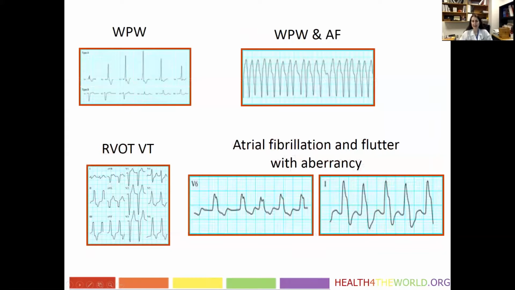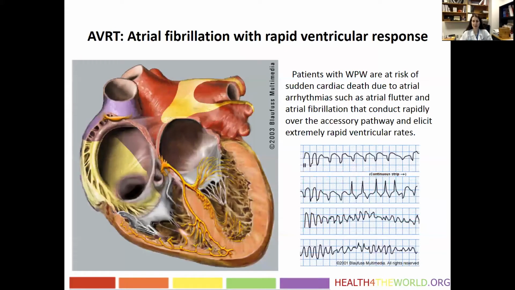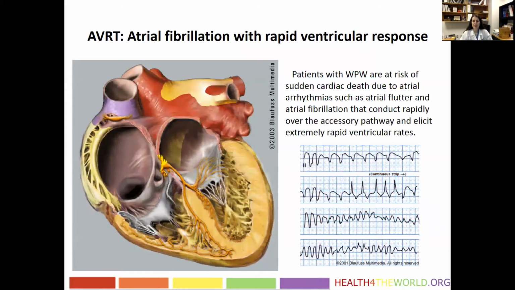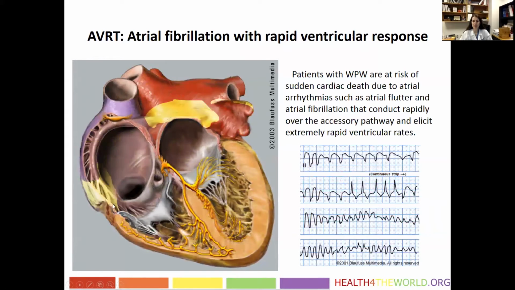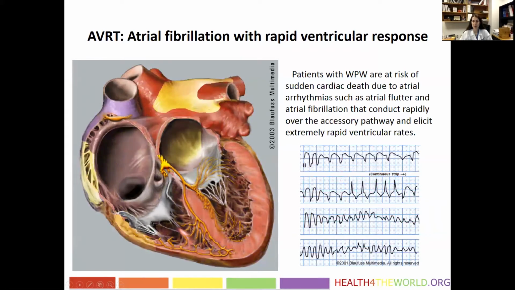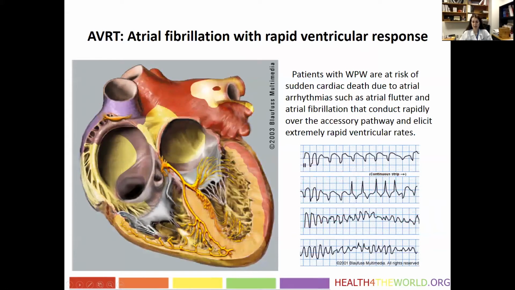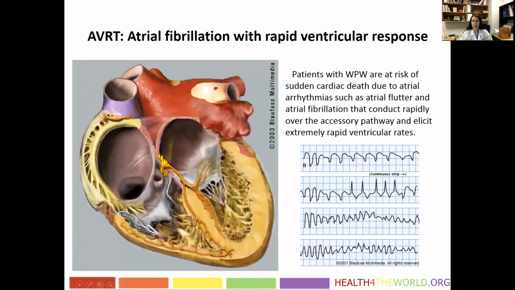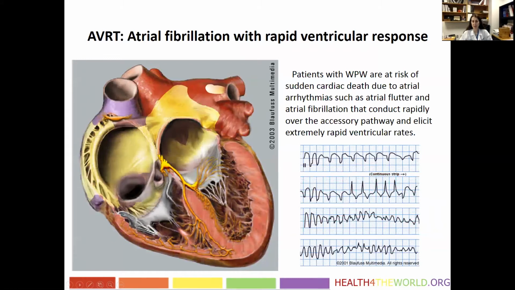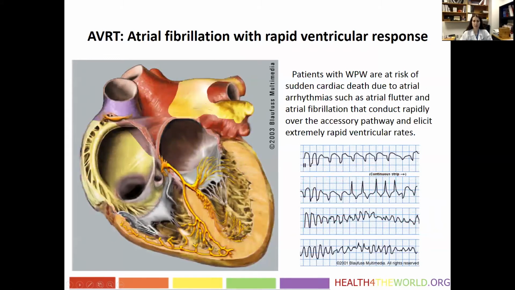And this is something that we have to do in the emergency room and to decide what the best way of managing these patients would be. So this is how atrial fibrillation can conduct down an accessory pathway faster to the point that ventricular fibrillation may be induced and the patient may have a cardiac arrest.